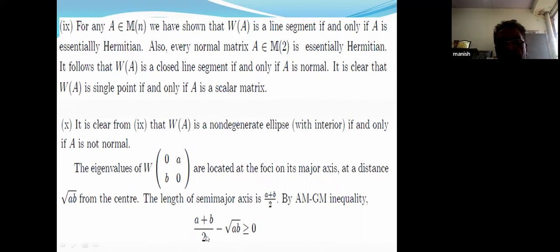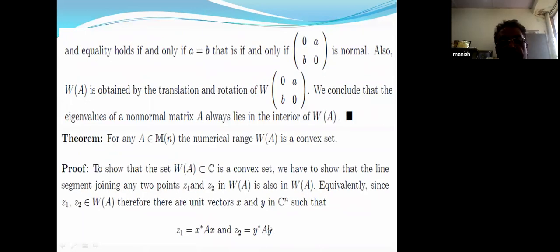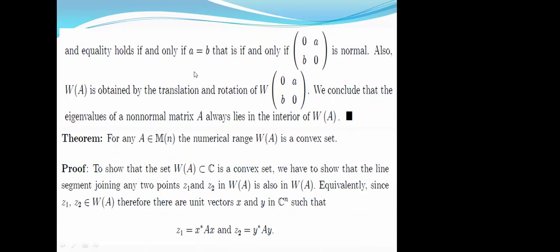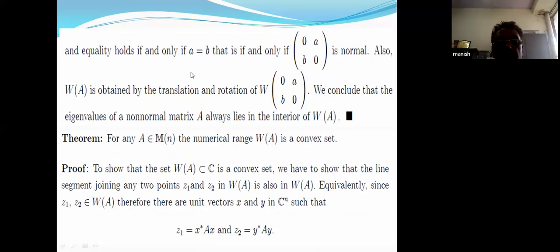So by using the arithmetic geometric mean inequality, this is non-negative, and equality occurs if and only if A is equal to B. And in this case, this matrix becomes a normal matrix. So only when a 2 by 2 matrix is normal, its eigenvalues are on the boundary. Otherwise, they are in the interior of the numerical range.